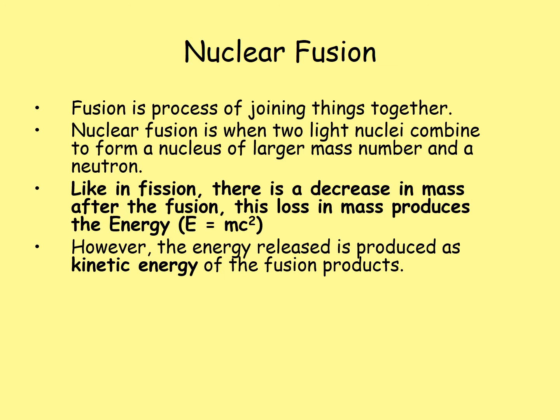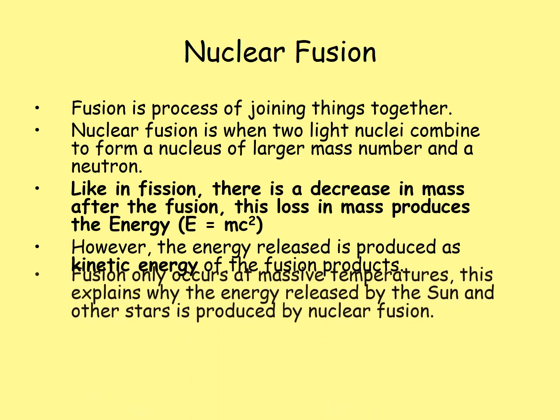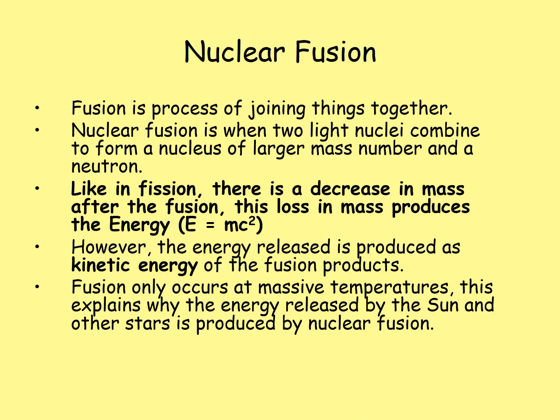However, the energy released is produced as kinetic energy of the fusion products. So the particle which is produced after the fusion reaction is given kinetic energy and moves off at velocity. Nuclear fusion normally only occurs at very high temperatures, and this explains why the energy released by the Sun and other stars is produced by nuclear fusion.